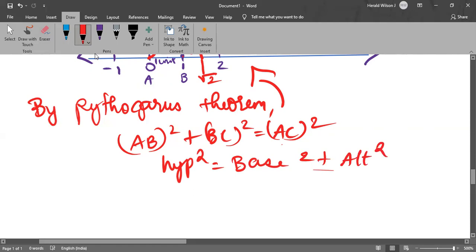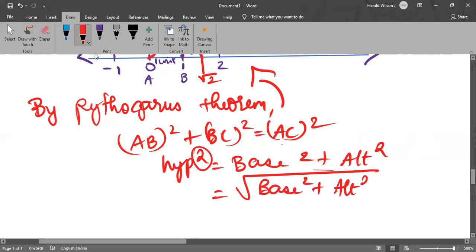So firstly, I bring this square to this side. So this will be root of base square plus altitude square, which is equal to your hypotenuse, root 2.